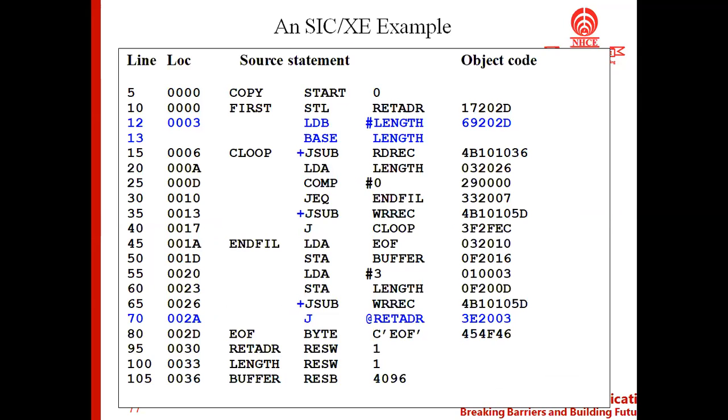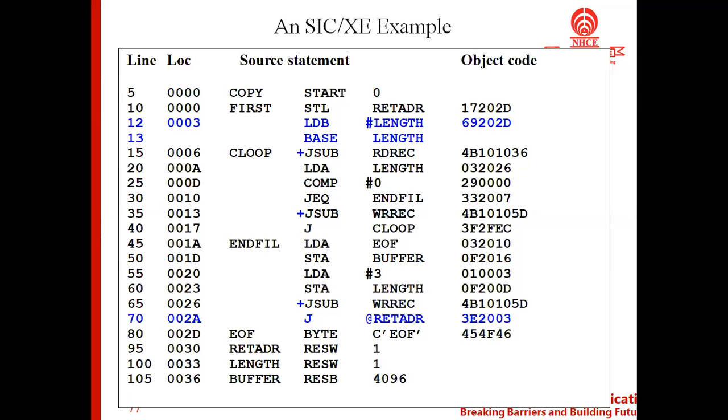So line number 40 is the example we have taken to consider for the object code. This example is taken because there is a little deviation compared with the previous one, line number 10. If you look at this instruction J C loop, C loop is a symbol, which is at line number 15, in location 0006.